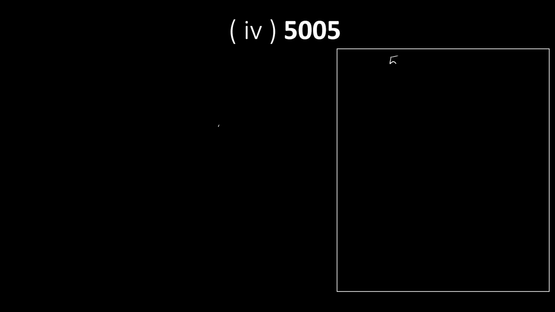So we will be dividing first of all 5005 with 5. We are going to get 1001 as a quotient. Now 1001 is neither divisible by 2 nor 3 nor 5. So we will try dividing it with 7.